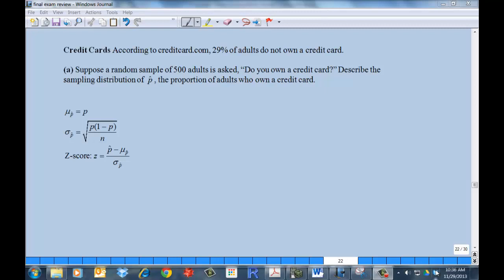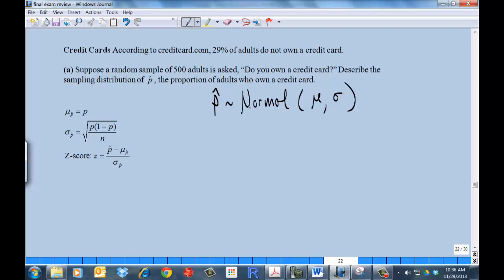Now, the sampling distribution of the sample proportion is always going to follow a normal distribution. And so we can say something like this, p hat follows a normal distribution with a mean and a standard deviation.